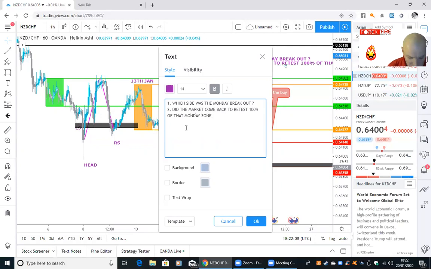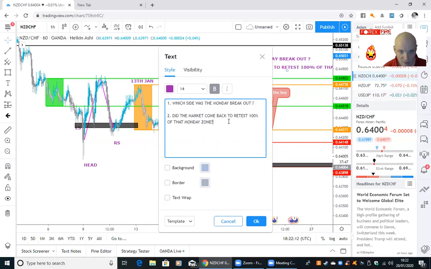That's rule number 2. Let's just mark this out. Number 3, did the market then retrace 100% to the opposite side of the left shoulder?